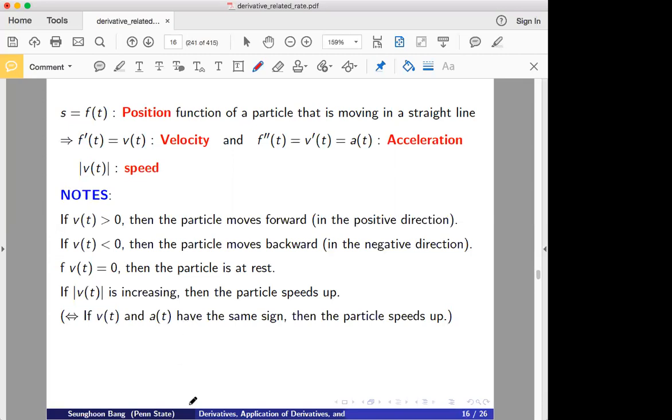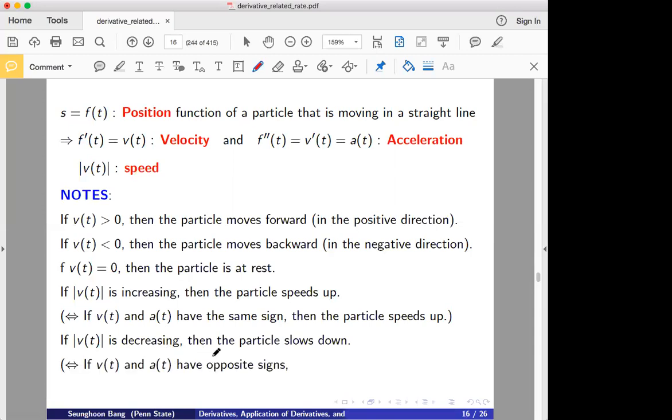If the speed is decreasing, the particle slows down. When it slows down, the velocity and acceleration have opposite signs, positive-negative or negative-positive.